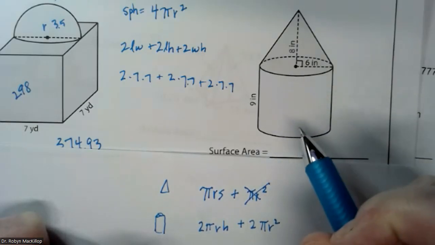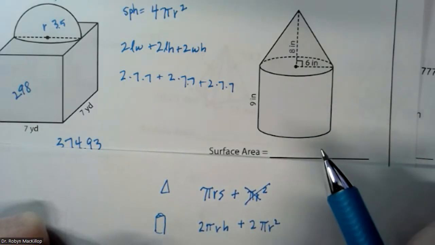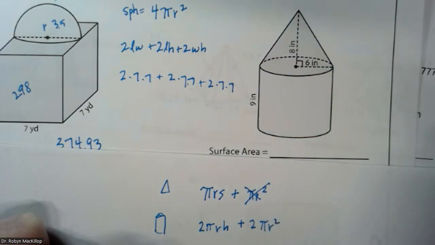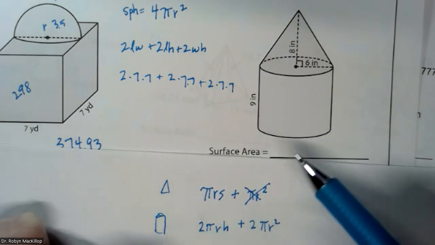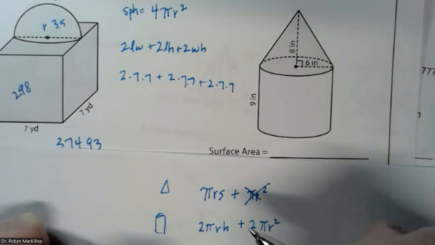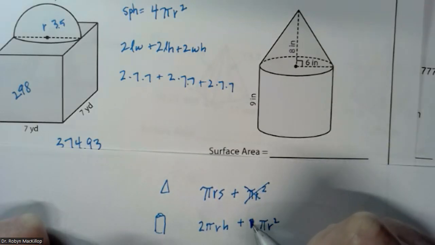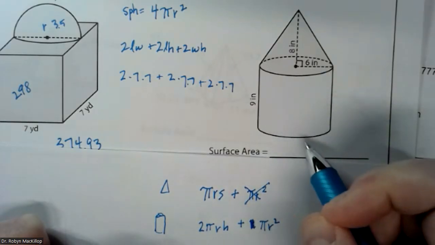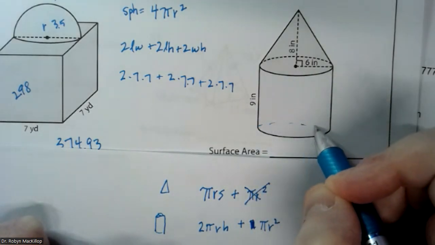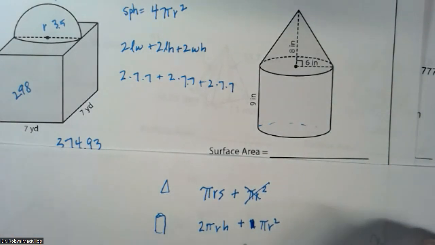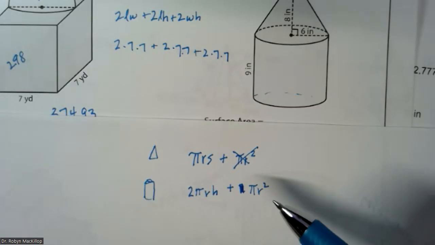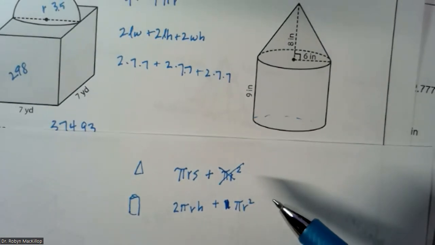Because we're not measuring the base of this cone. If we were going to paint it, we couldn't reach it. And for the cylinder, we're not going to measure the top. So we're going to get rid of that too. We're going to measure the one on the bottom, and they should have done a little thing there. But you have to alter the formulas, and it's not fun. It's really the last thing you want to do in the middle of a test.